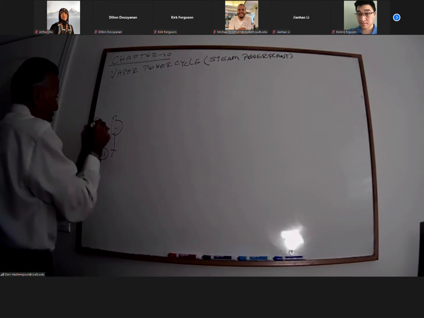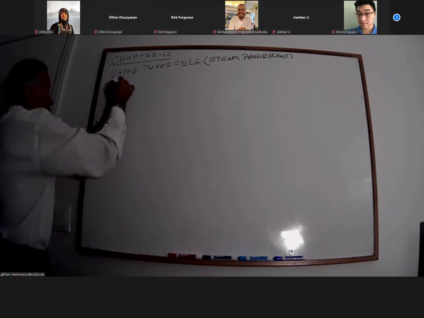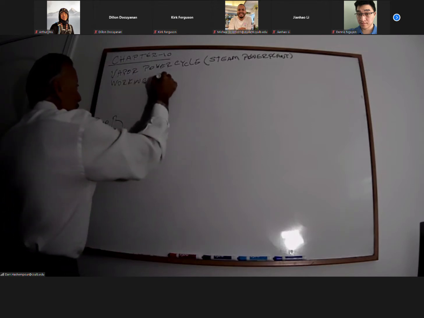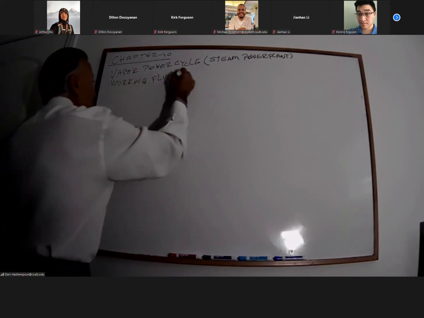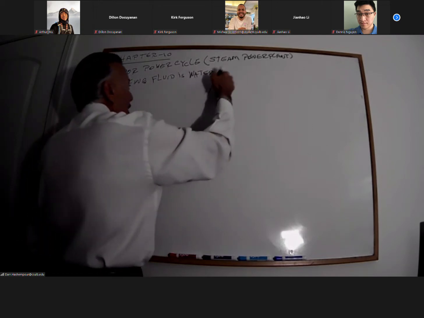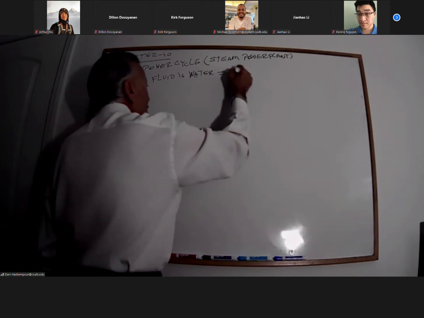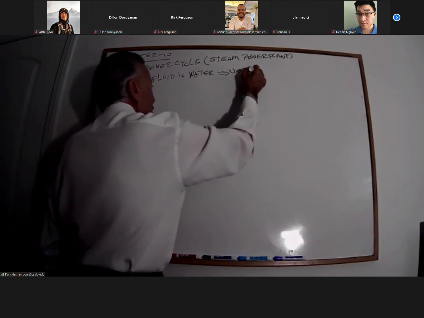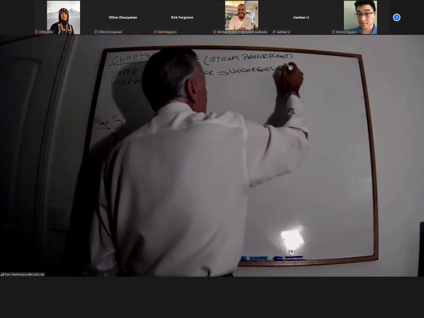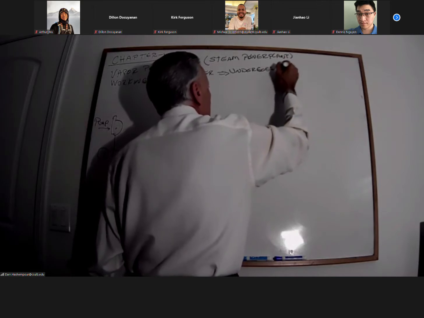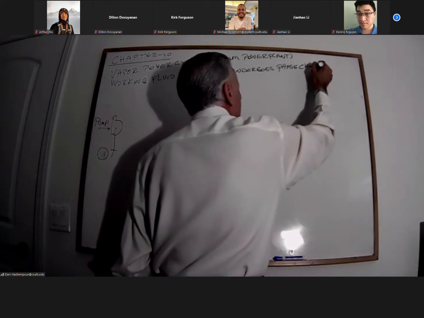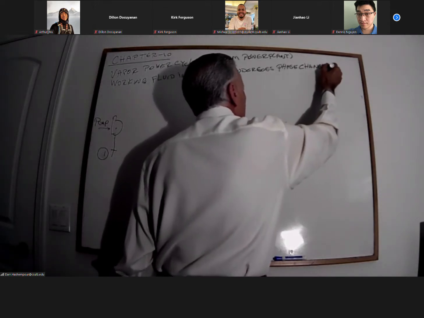Now we have a pump. By the way, the working fluid is water, and that water undergoes phase changes.